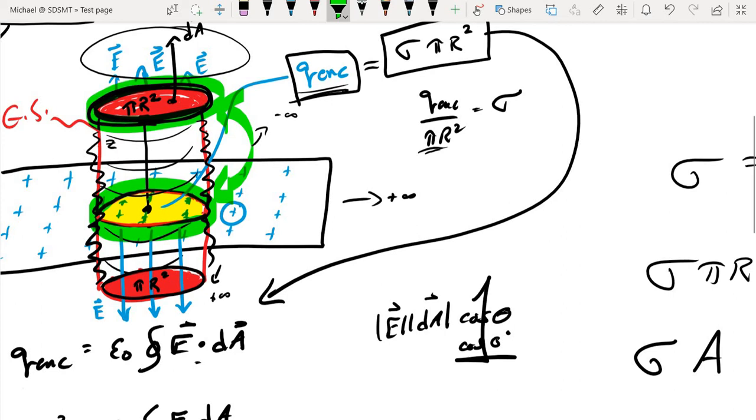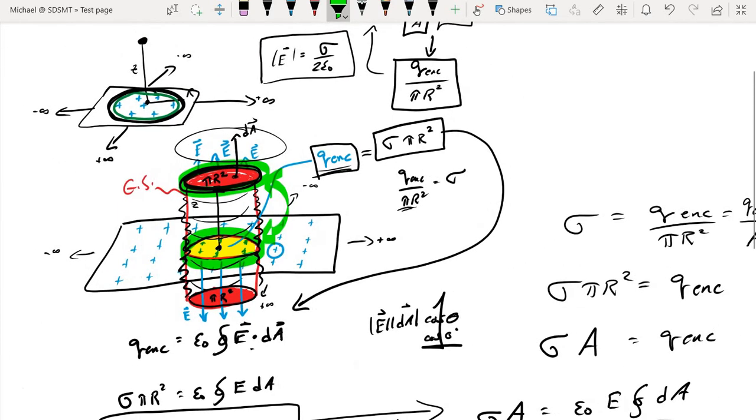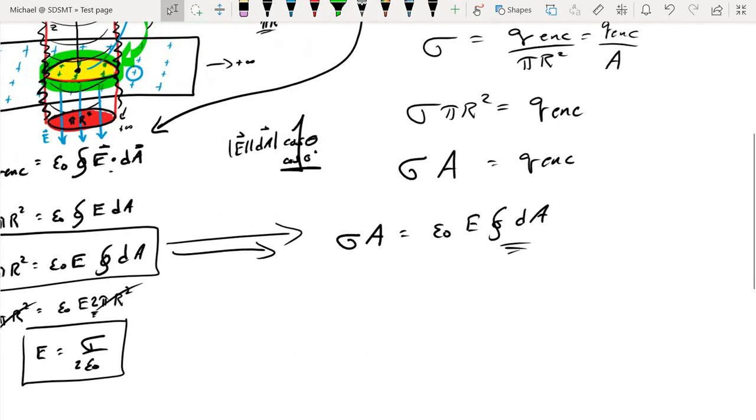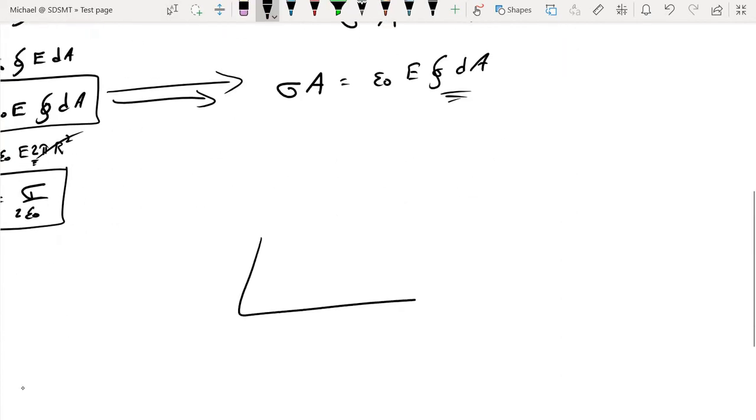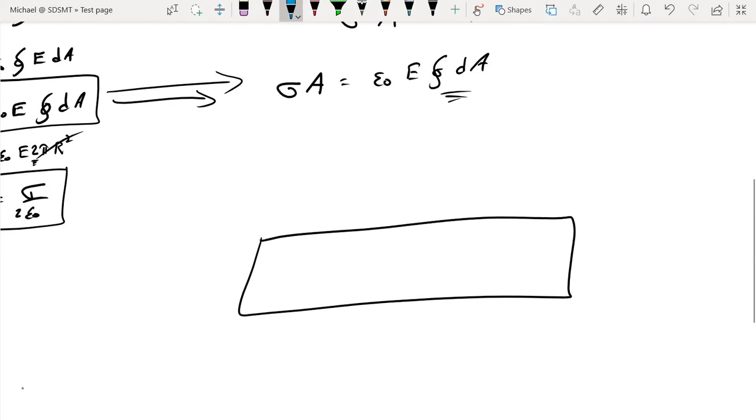I have an area of pi r squared where I sampled the charge, and I have an area of pi r squared when we get up to that area of space where we try to measure the electric field. And so it turns out that in all of the mathematics here, it doesn't matter what shape I try to use for my charge sampling.